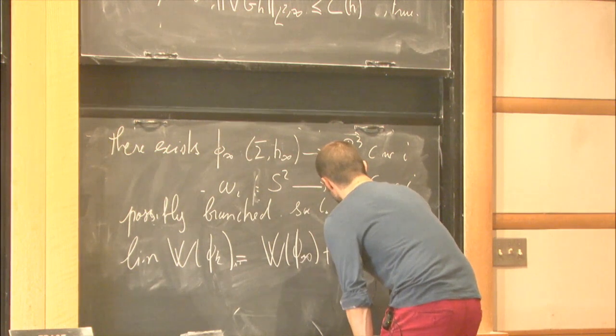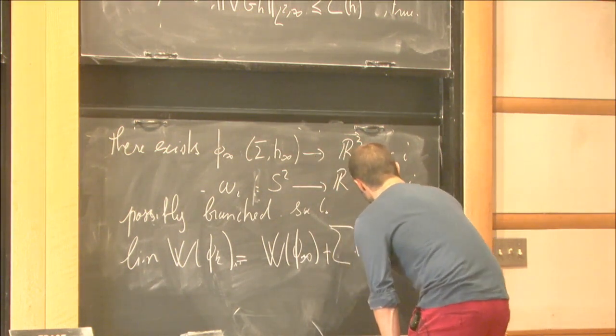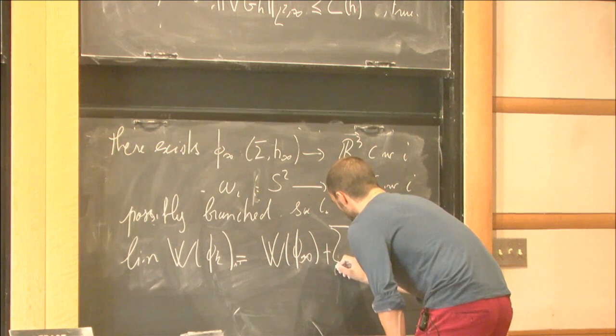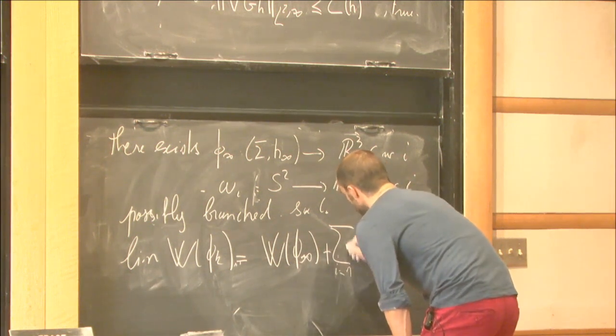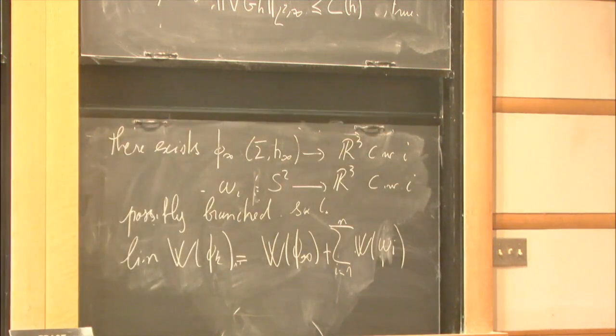In fact, the theorem is more precise. You have some convergence to some limit surface plus the bubbles, but this convergence is up to conformal transformation, because some bubbles can blow down, others can blow up.